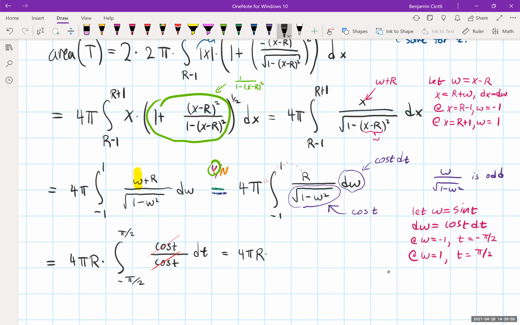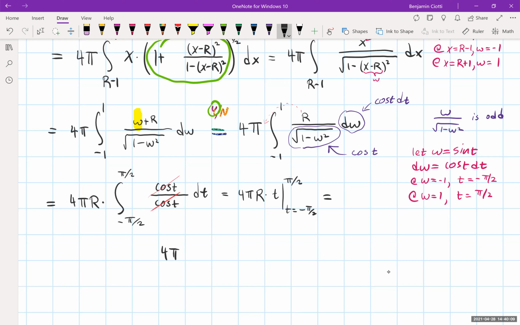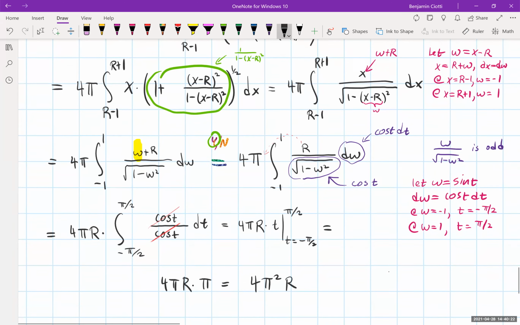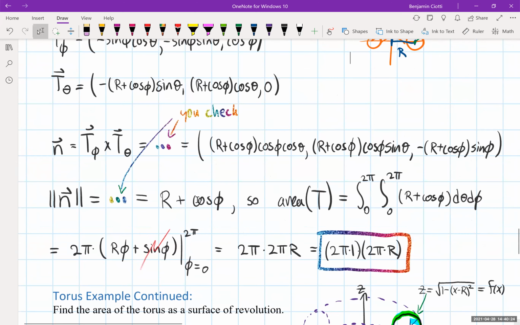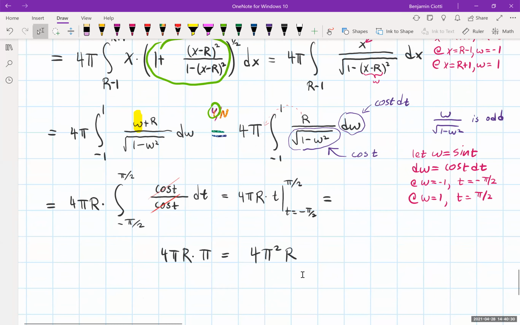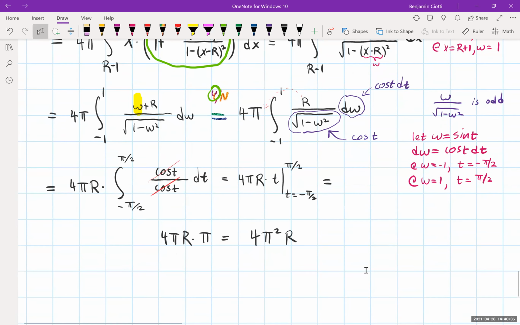So I get 4 pi r times t from negative pi over 2 to pi over 2, which is 4 pi r times pi, which I really hope is the same answer as last time. 4 pi squared r. Is that the same answer as last time? Yeah, 4 pi squared r. Yes. All right. Good. I got this thing.